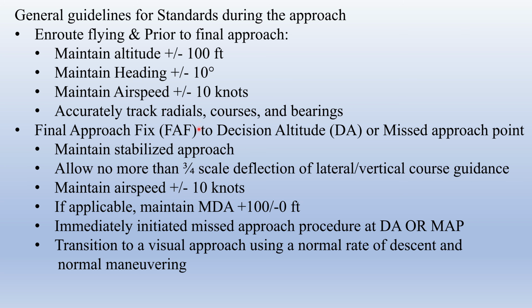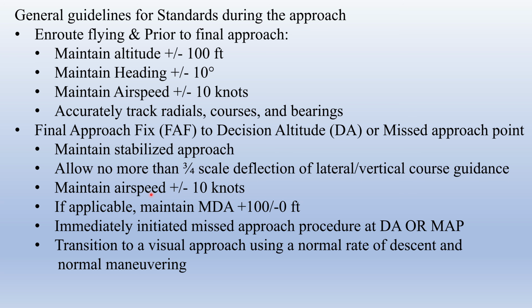From the final approach fix to either decision altitude or the missed approach point, depending on whether you're shooting a precision or non-precision approach, they expect to see a stabilized approach. Generally, they don't want to see an excessive rate of descent. Allow no more than 3/4 scale deflection of the lateral or vertical course guidance if you have vertical course guidance. Maintain your approach airspeed plus or minus 10 knots.